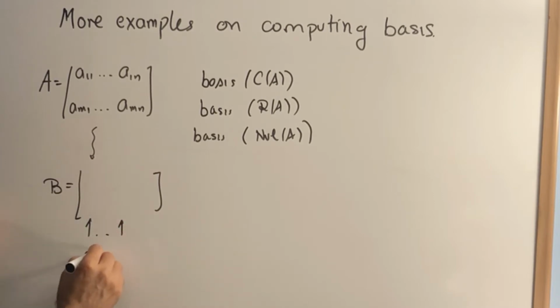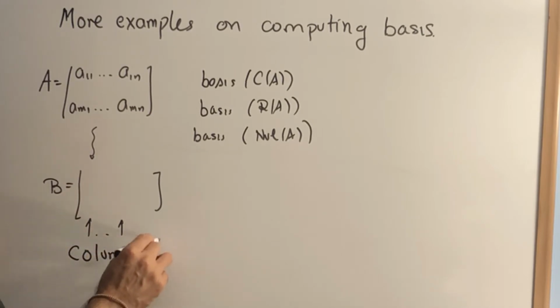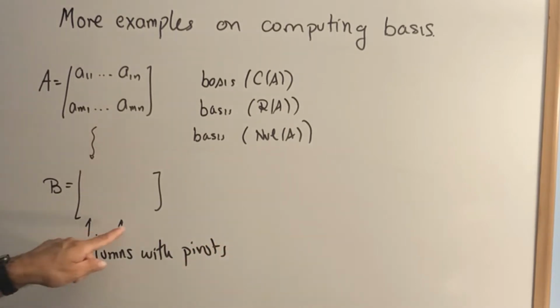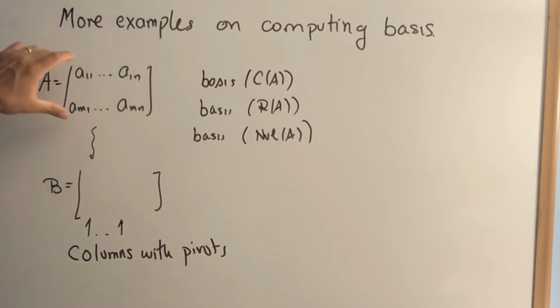Then, for the columns with pivots, we go back to the original matrix and select those columns.